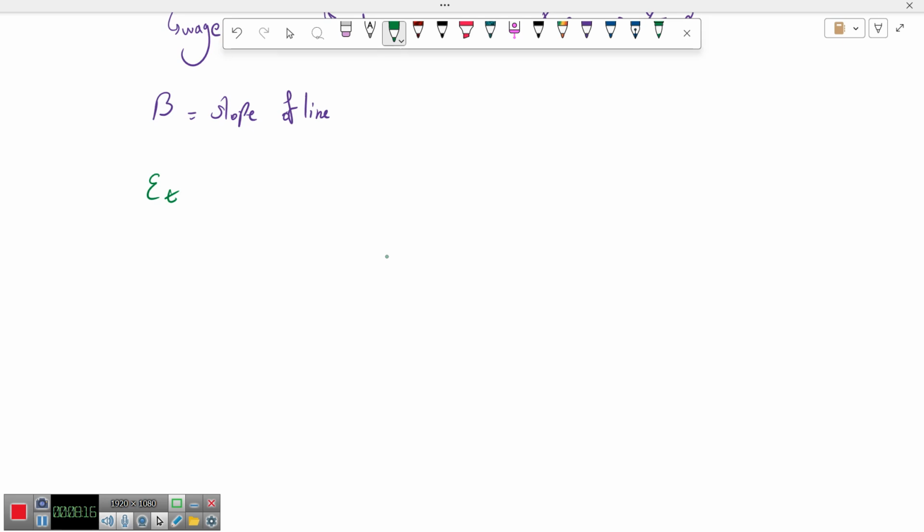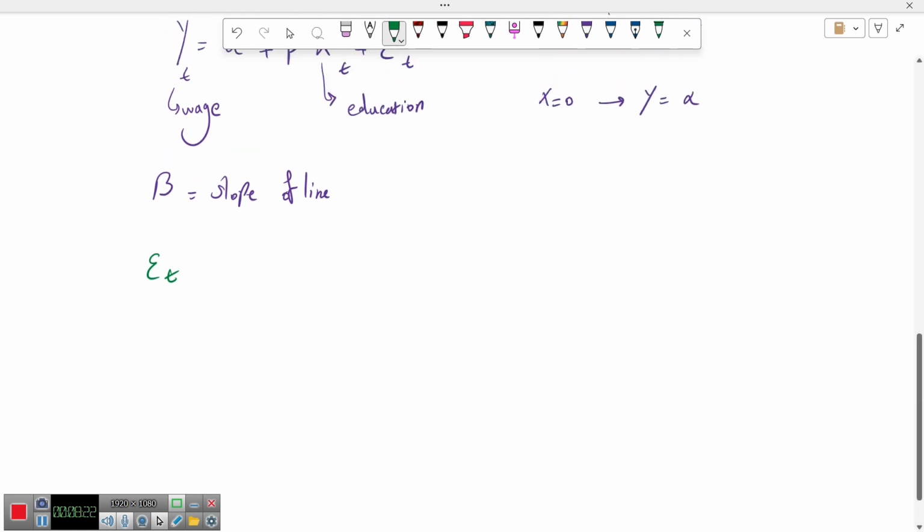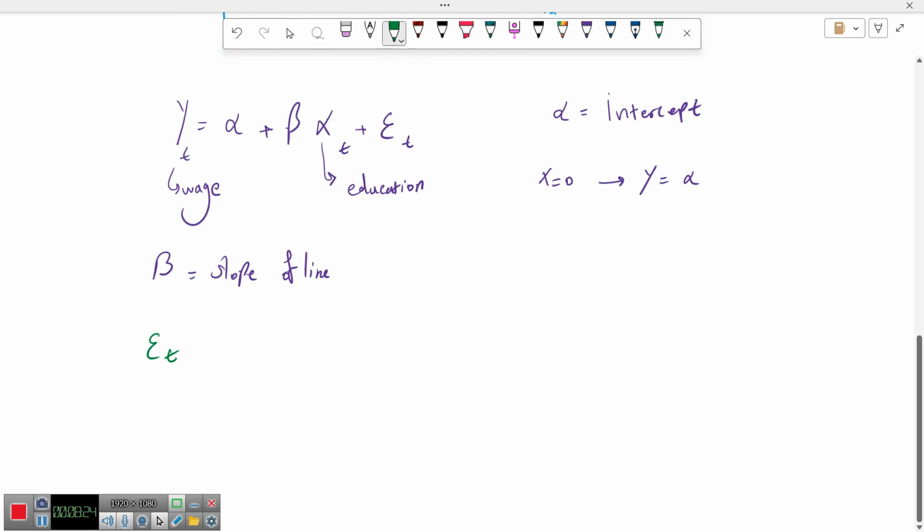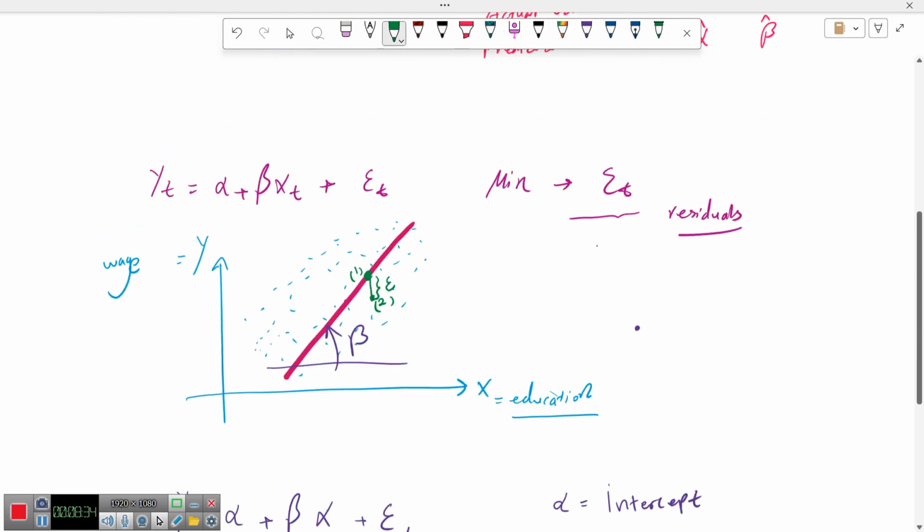In this case, we are trying to estimate how a change in education level affects wage by finding the best fitting line using the OLS method.